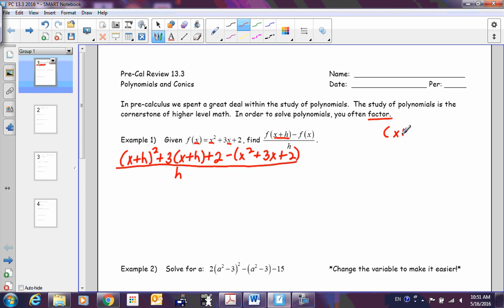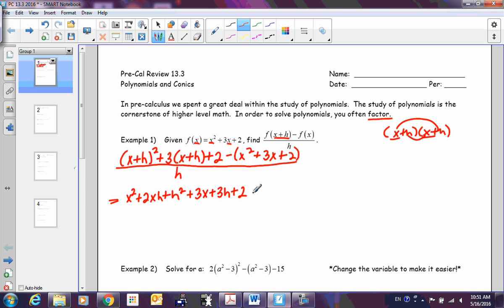In fact, it's probably easiest if we just go ahead and write it out something like this, so that you get x times x, that's x squared, x times h, here, and then this x times h, that's going to be 2xh, or you could write it as hx, doesn't matter, and then h times h is h squared. Now you're going to see this problem again, and (x plus h) squared always turns out to be this, so that's kind of a nice thing. It's really weird in the first go around, but then it works out nicely.